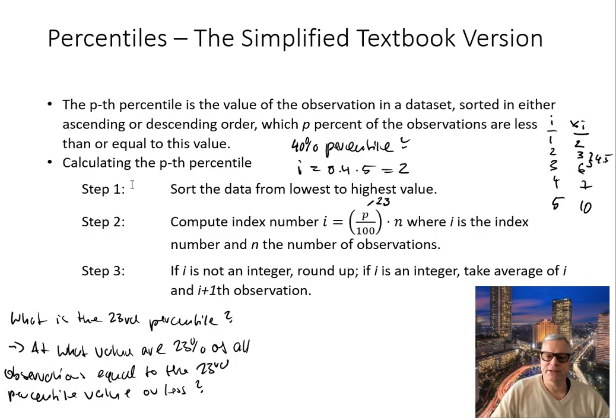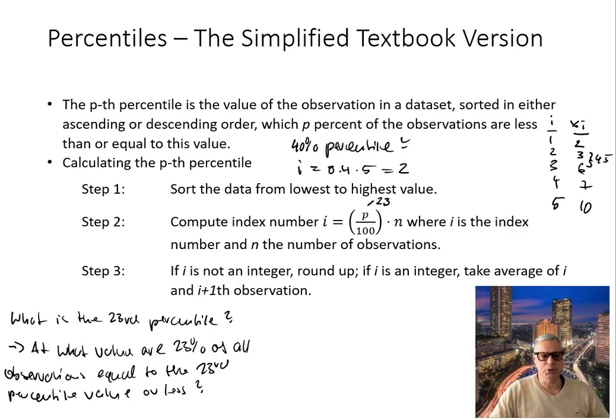But if the index number that you calculate is not an integer, like something with a decimal, you round up. So that is the simplest textbook version. And again, later, when we work with Excel, I'll show you how Excel slightly differs from this approach.